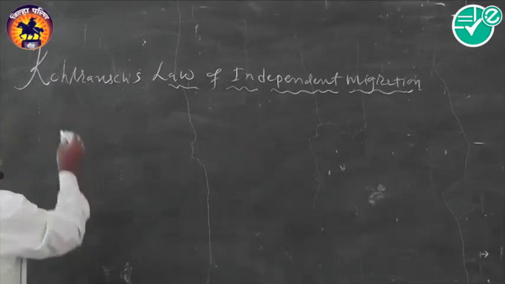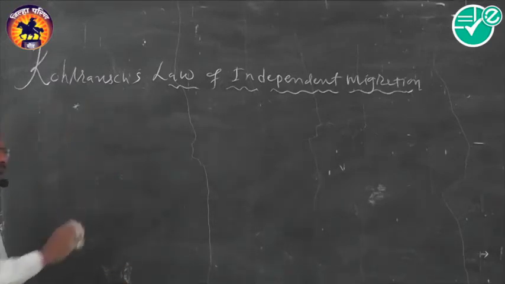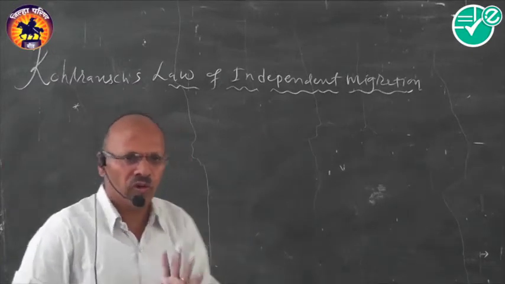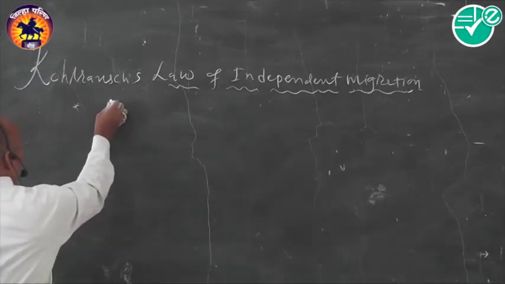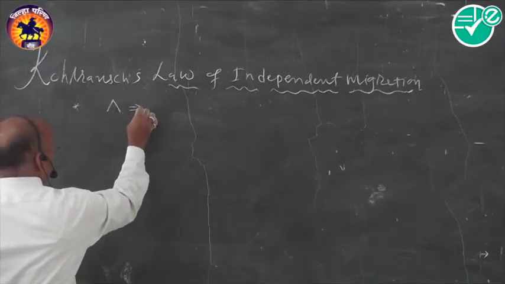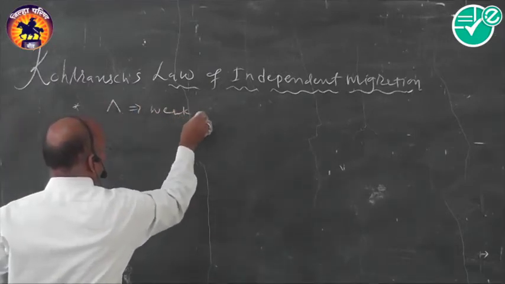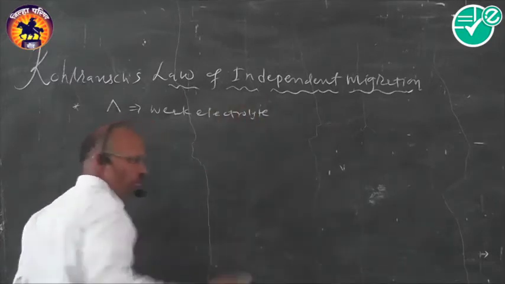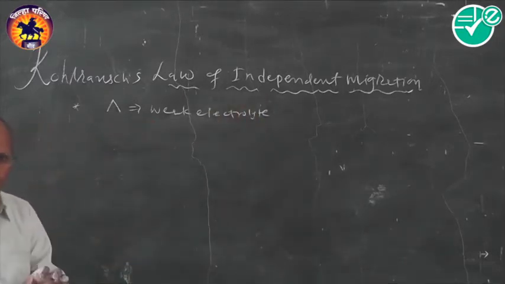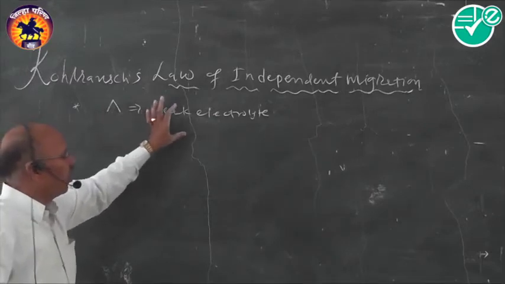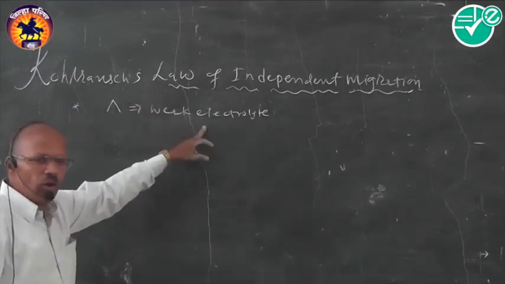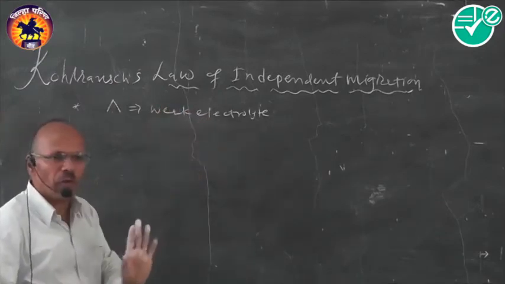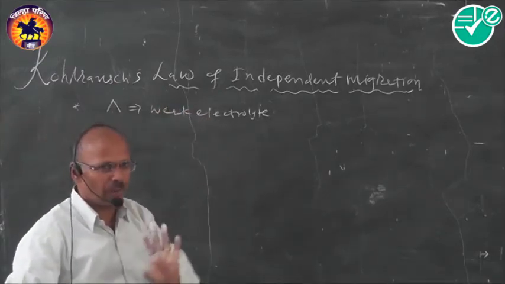Okay. In this case, first, how is this Kohlrausch's law useful? This law is useful for calculating the molar conductivity of any weak electrolyte, which is not possible by any other method, by the graphical method.